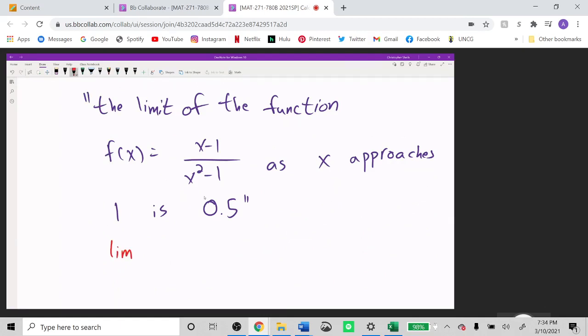The limit as x approaches 1 of x minus 1 divided by x squared minus 1 is equal to 0.5. Does this make sense? This is equivalent to the words above it. Is this okay?